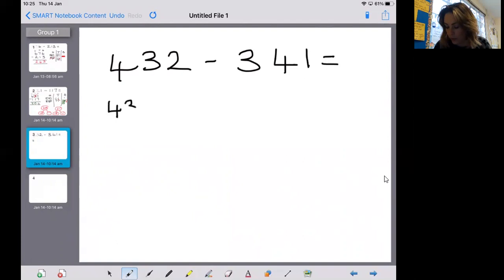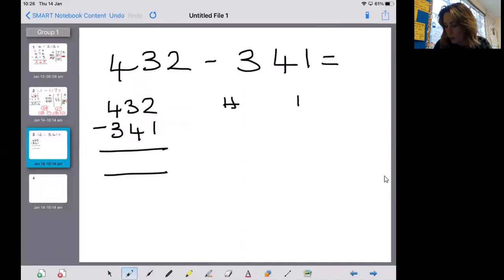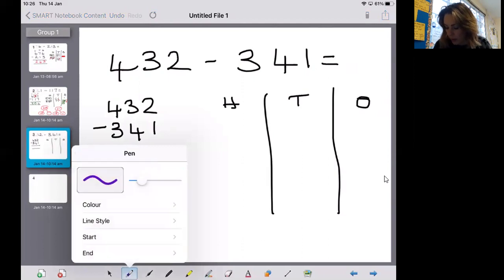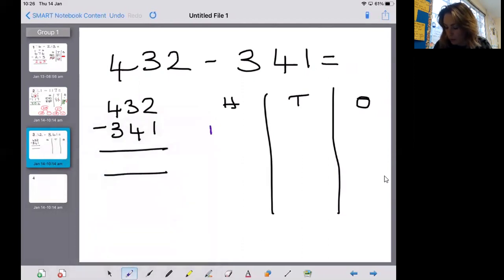Again, going to write it out as a column. And then I would draw my hundreds, tens and ones, my Dienes, to help me work this out. I'm going to flip over the colour for my drawing today. So I have got 400s, 3 tens, and I've got 2 ones.